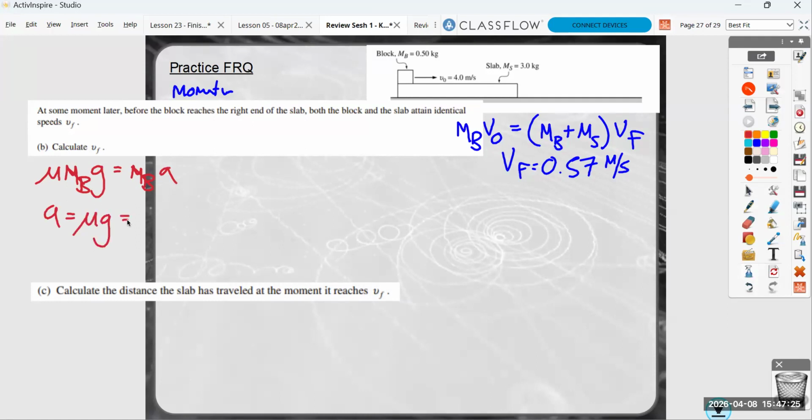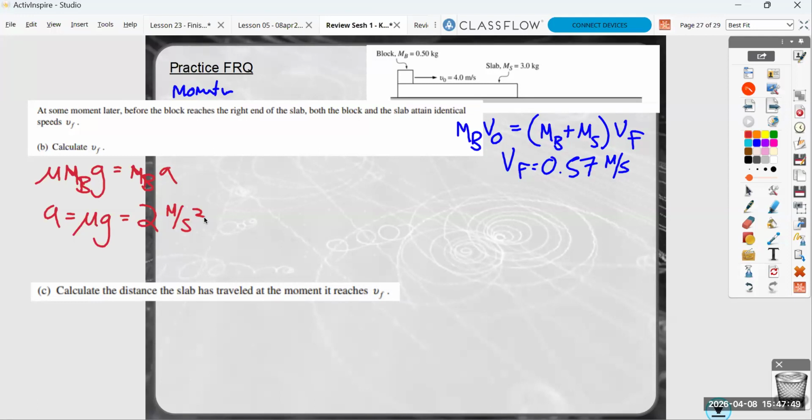And so the acceleration there is going to be mu times g. Given my mu of 0.2, that's going to be an acceleration of 2 meters per second squared. I'm just going to take g equal to 10. If I think about velocity, what's happening to the speed of the block? Well, it's constant acceleration.